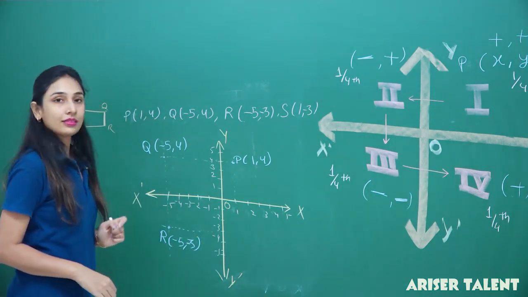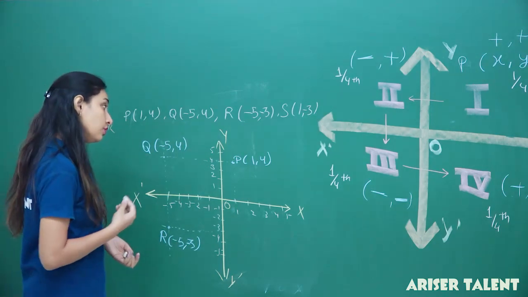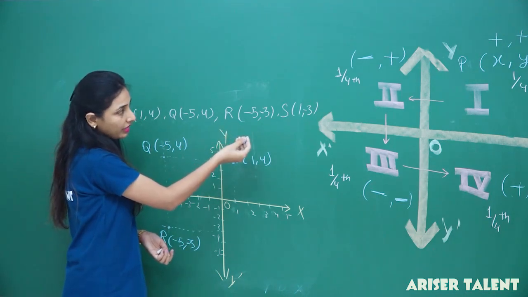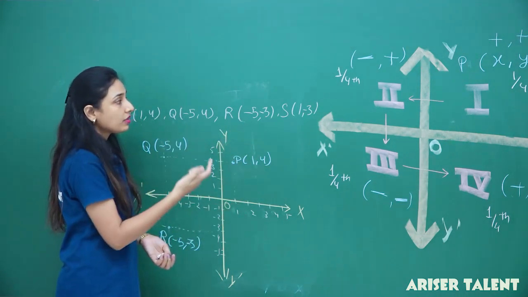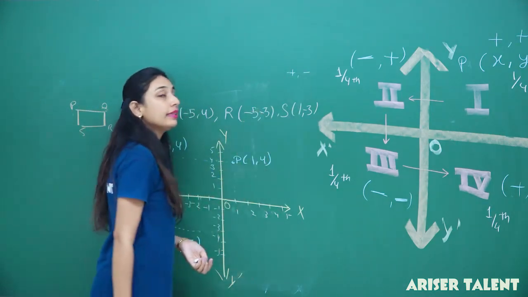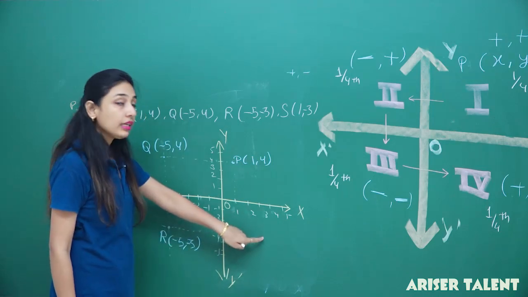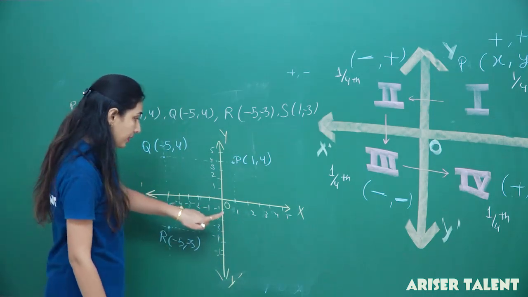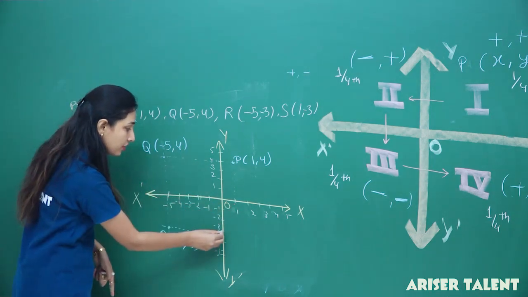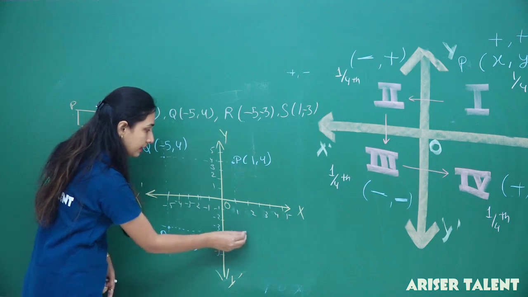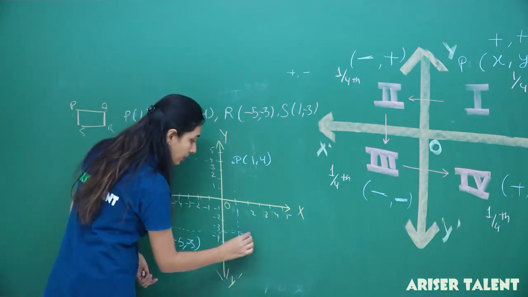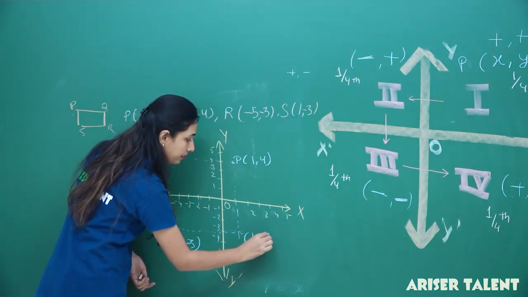Now S is (1, -3). So 1 is positive and -3 is negative, a combination of positive and negative, which will lie in the fourth quadrant. So x = 1 is here and -3 is there. That will go like this, and that will go like this. There will be a point, and the point will be (1, -3).